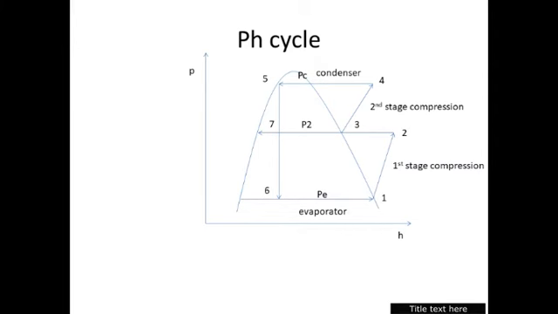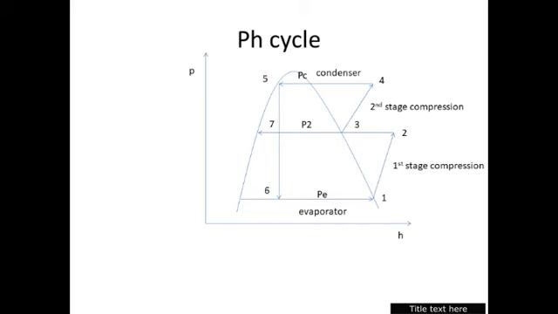From 3 to 4, again we have second stage compression isentropically. From 4 to 5, we have the condenser. The condenser is at the condenser pressure, and if the problem statement gives pressure and temperature, it will be helpful to solve problems of the multi-stage compression system.